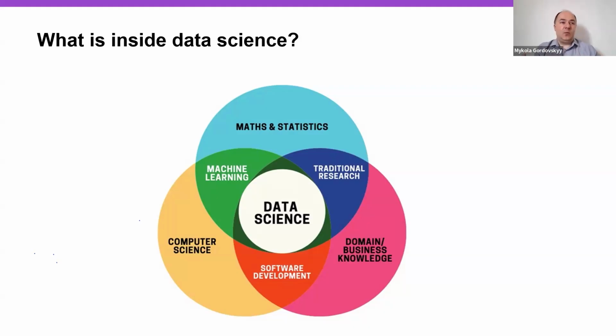The amounts of data we normally need to deal with are enormous, so we can't process data on paper or in our brain. We need computers. So the second very important element is computer science. And the third element people sometimes forget about is knowledge of the domain. To be a data scientist, you need to understand the problem you are solving. So the third very important element is business or domain knowledge.